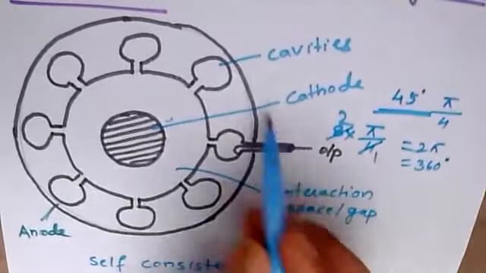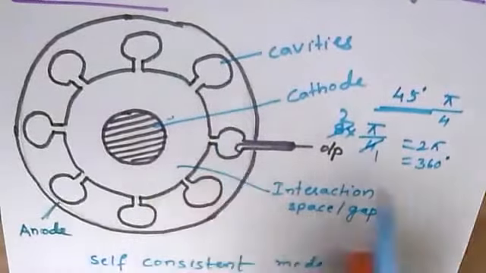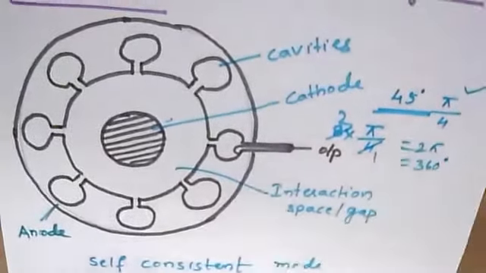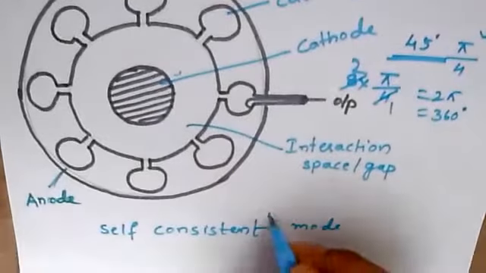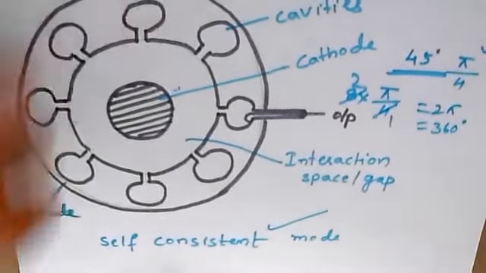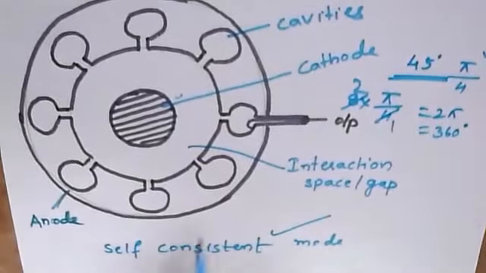In order to fulfill this particular condition, the phase shift between the cavities must be equal to 45 degrees, that is nothing but pi by 4 to be maintained. Then we can say that it is satisfying self-consistent. Then it is called self-consistent.